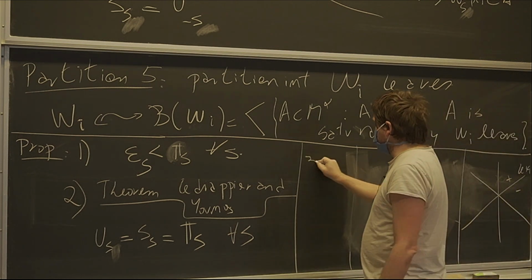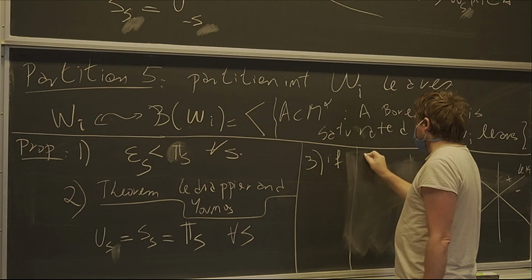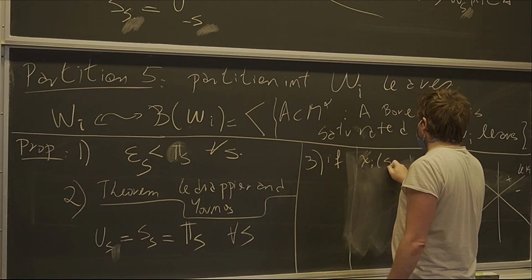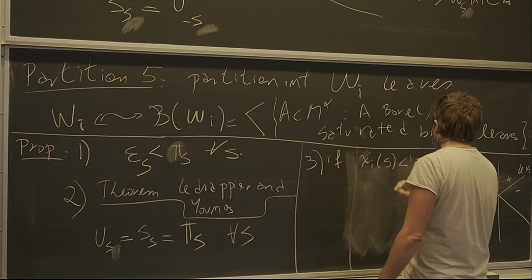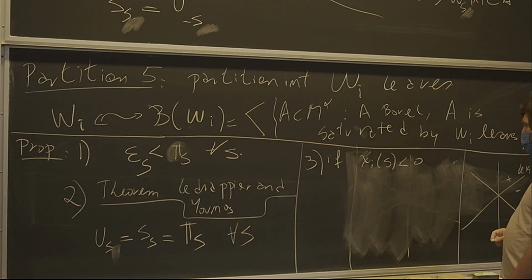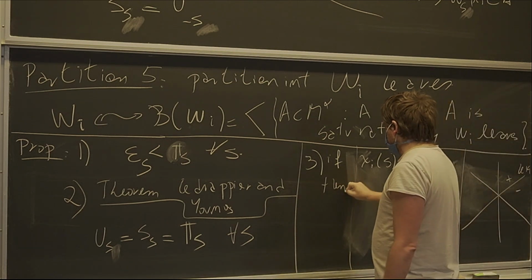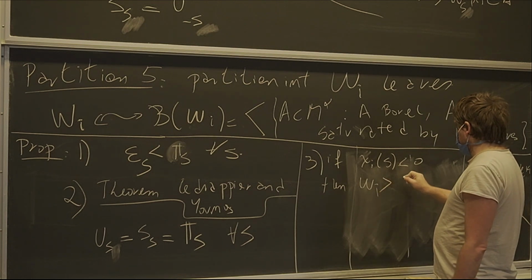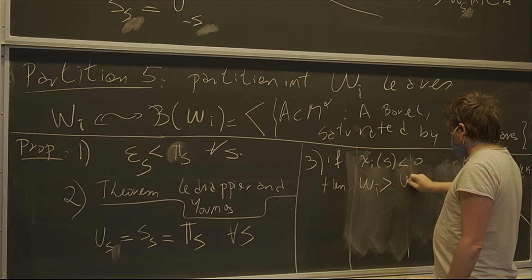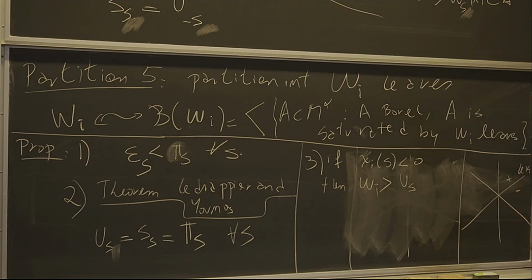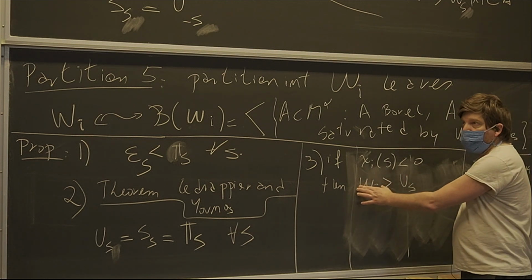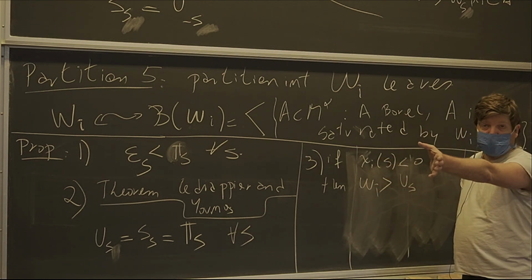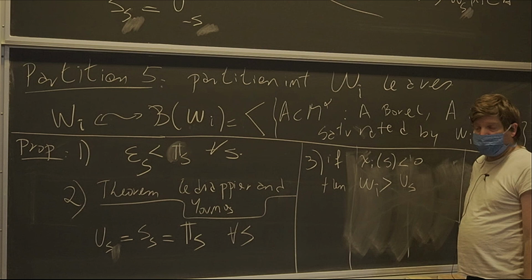So the third property says that if chi I of S is positive, then Wi refines US, because that's just saying that the Wi stays in the unstable manifold.